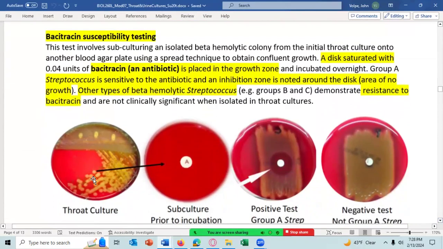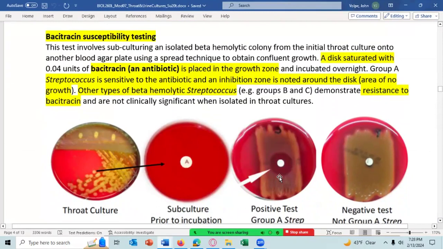Once we have that test, we then further do the bacitracin susceptibility test, where we take the beta hemolytic bacteria and streak it over this area of the plate or all of the plate. Then 5 minutes later, you put on the disc containing the antibiotic bacitracin. Then you incubate the plate and you look for a zone of inhibition of a certain size.